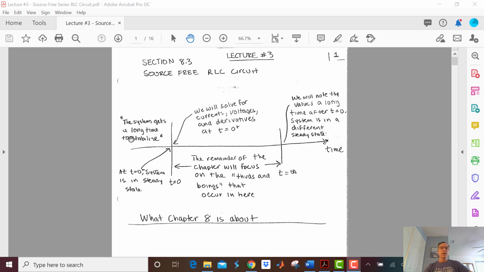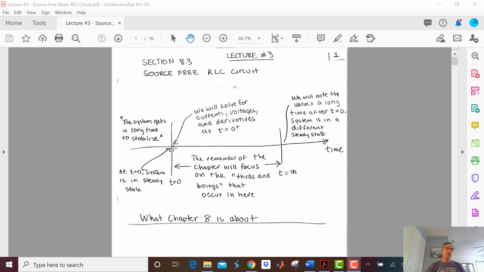So, reiterating, the system has a long time to stabilize and it ends up in a steady state at t equals 0 minus. Remember, steady state means that d anything dt is equal to 0, meaning that none of the voltages and none of the currents are changing back here.